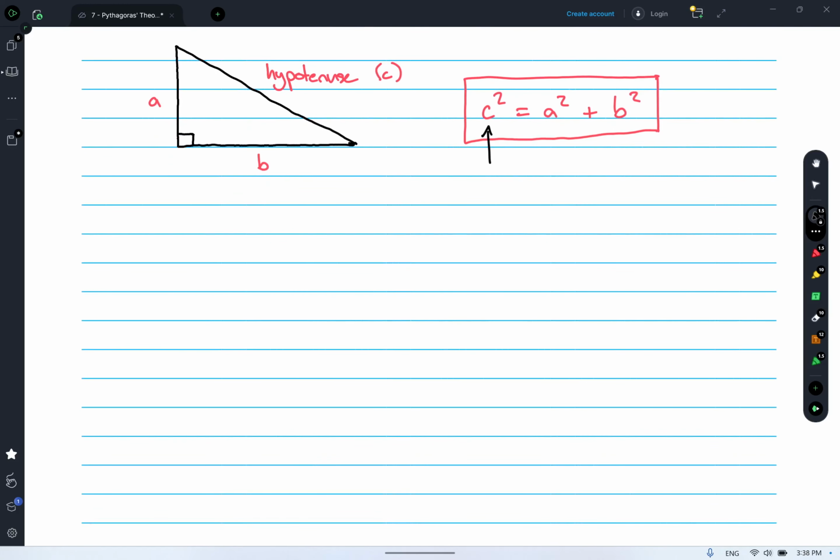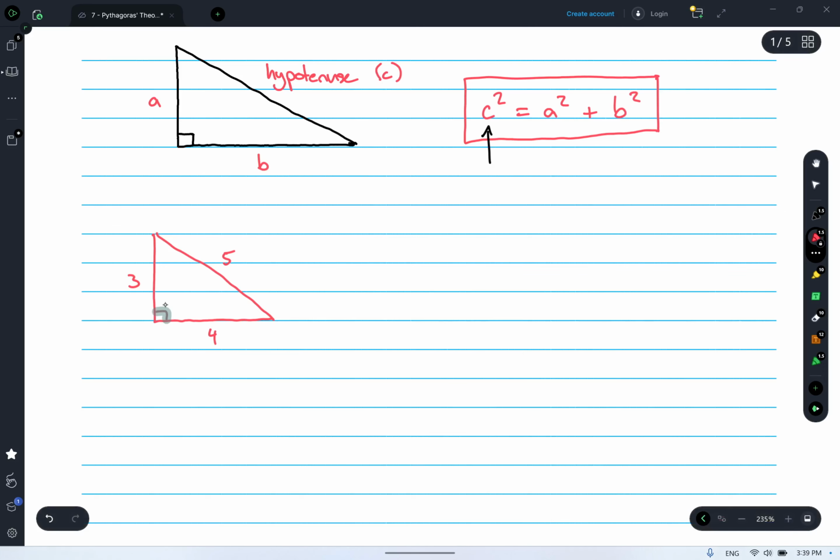So say for example I had a right angle triangle that looked something like this. So we had this, say this was 3, this was 4, and this was 5. And let's actually pretend that I didn't know that this was a right angle triangle, and I wanted to show if it was a right angle triangle.